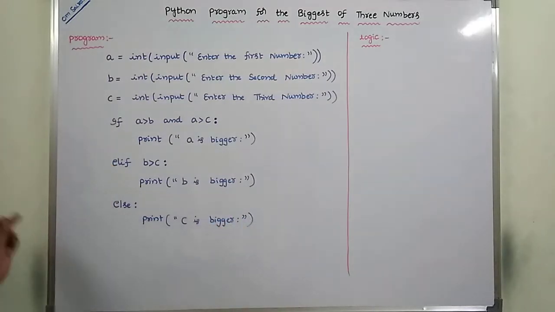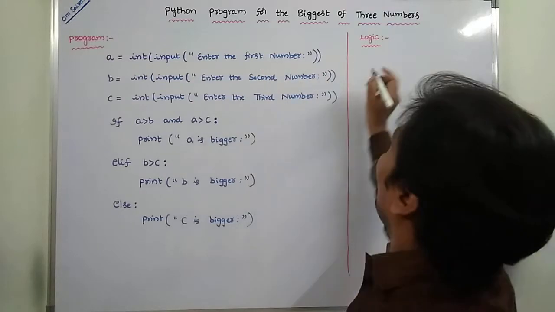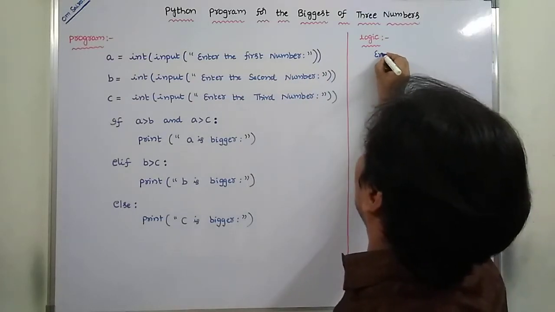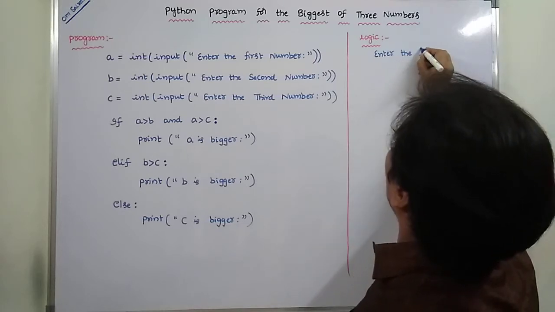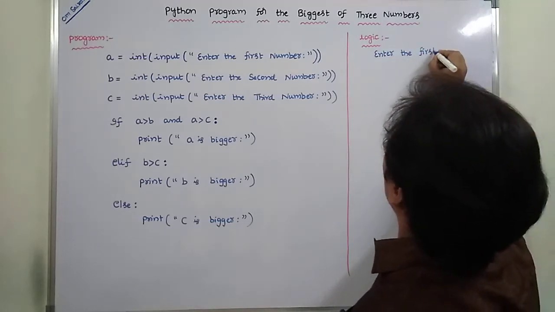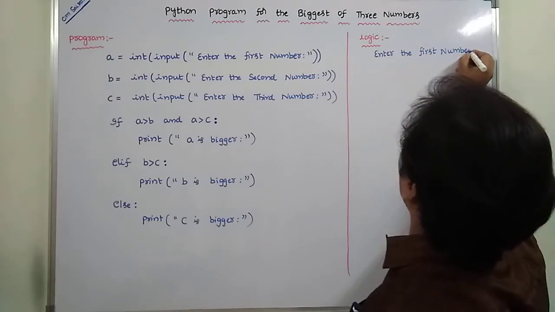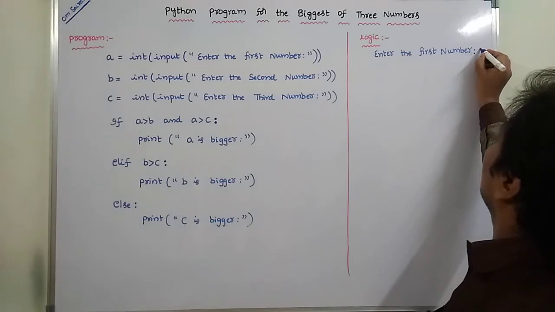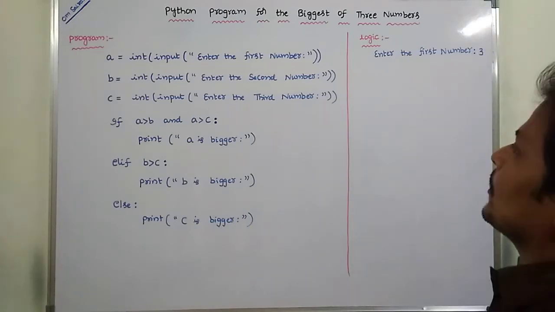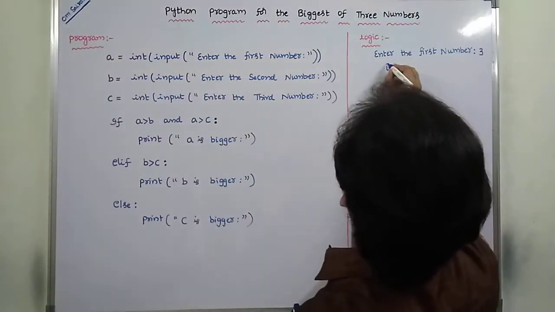Okay, so this is the given program. Next we go for the logic. First step, enter the first number. The first number given by the user is 3. This 3 value is taken by the input function.